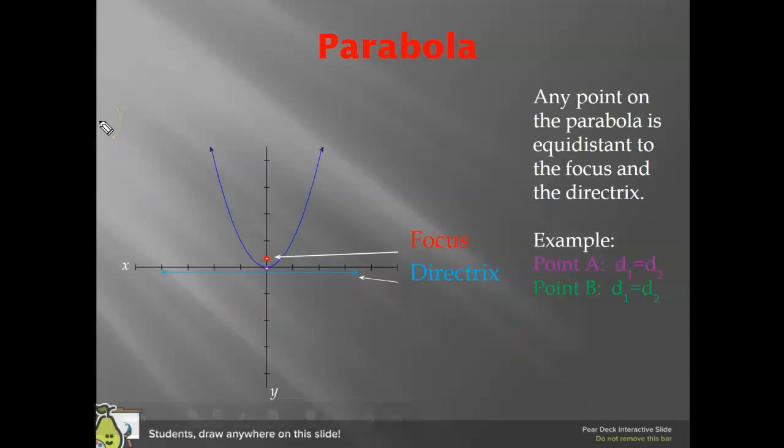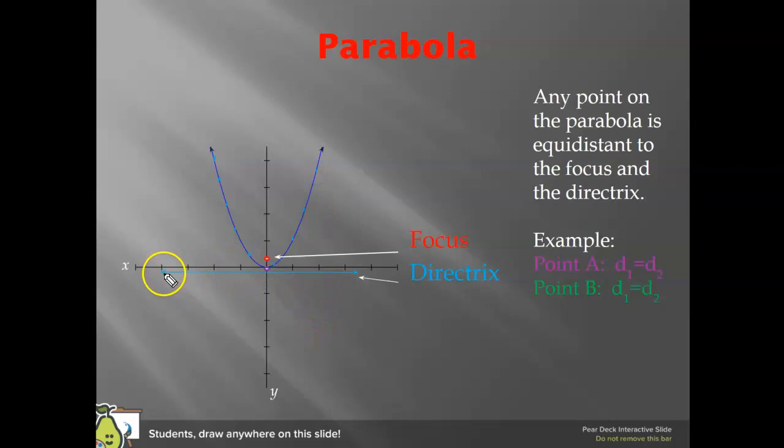So let's look at that definition and what everything looks like. So any point on the parabola are these points that we're talking about. It's the set of these points. These are the points that are part of the algebraic definition.